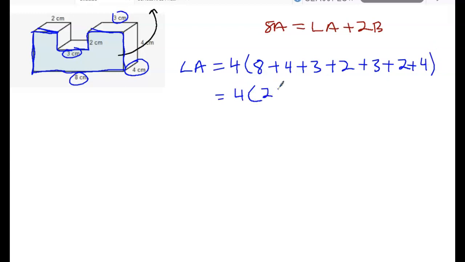We add everything up, we get 28, and that gives us 112 centimeters squared.